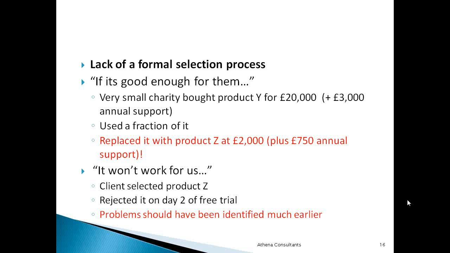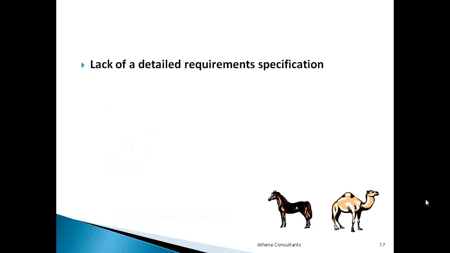But it's not really, because they should have identified they didn't have the functionality that they needed a lot earlier than that. If they'd had a formal process where they've done their requirements properly and got a proper response to their invitation to tender, they would have seen that it was a bit lacking in what they needed. So they didn't have a proper process, and that's what happened.